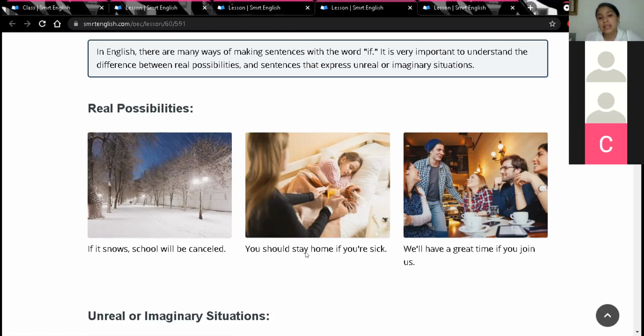You should stay home if you're sick. We'll have a great time if you join us. Here I'm starting with the will part. So when I start the sentence with if, I'm gonna separate the clauses with a comma. But if I start with will, I don't have to use a comma. I'm explaining this part of the commas for when you write it, right? When you're speaking it, it's not necessary to make that point.